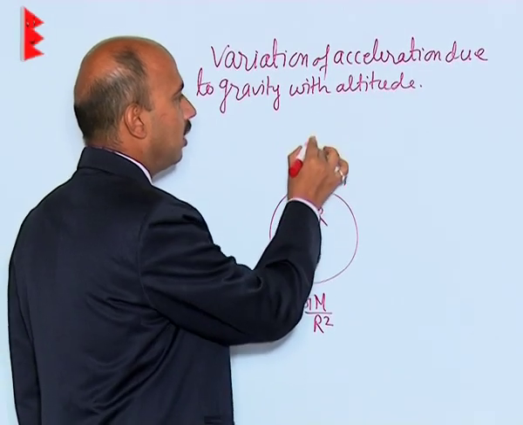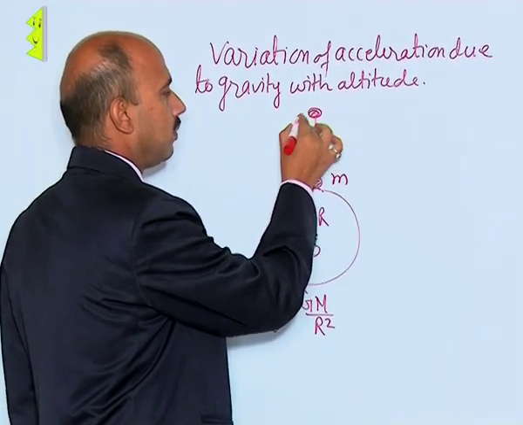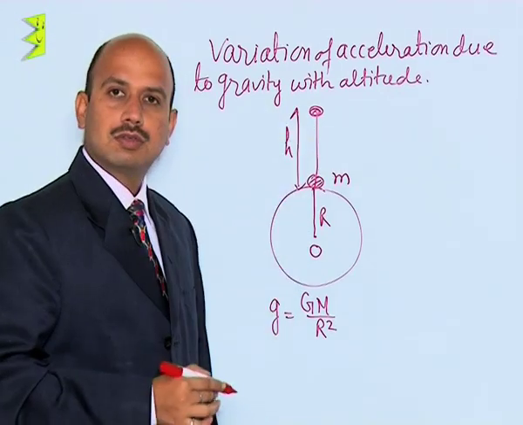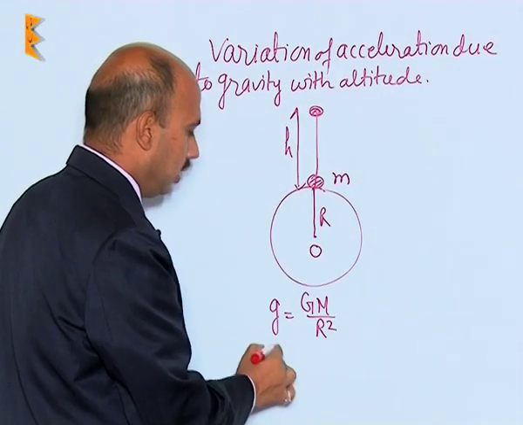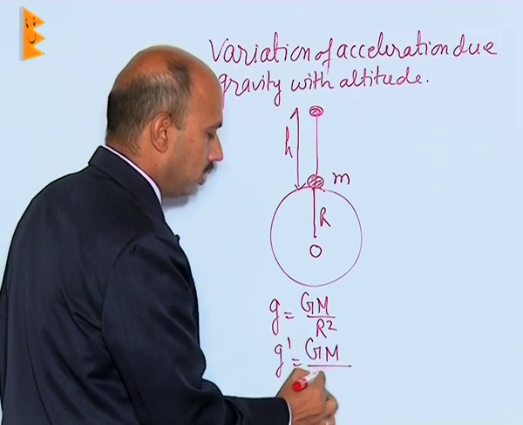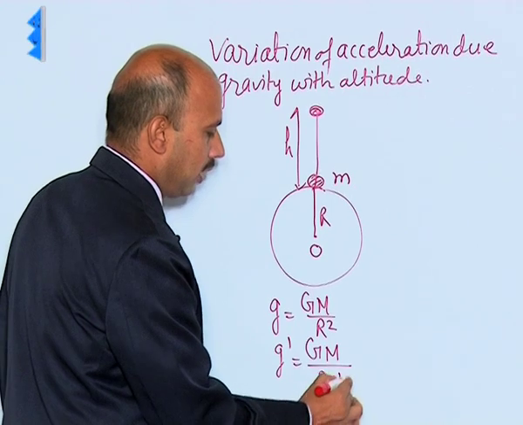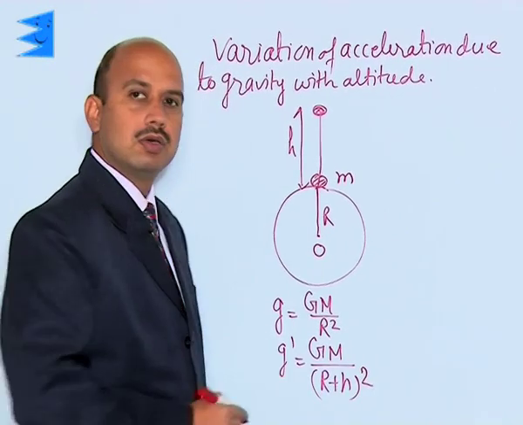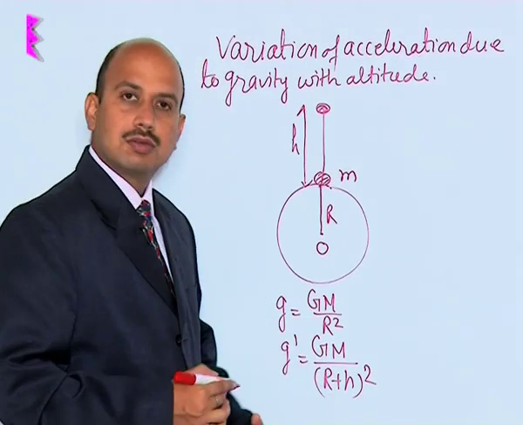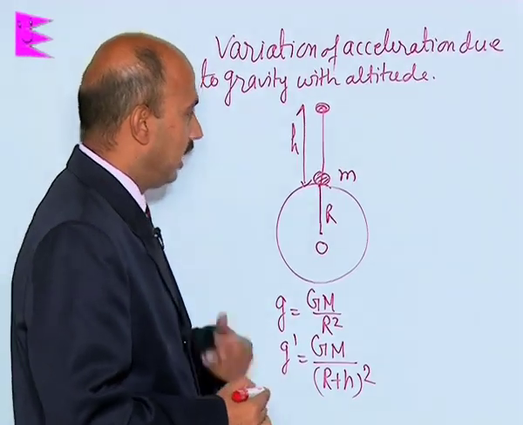Suppose this body is taken to a height h from the surface of the earth. Then you can write g dash is equal to GM upon r plus h whole square. So if you are going up, the value of g is changing with the height. Now we have to get this relation.